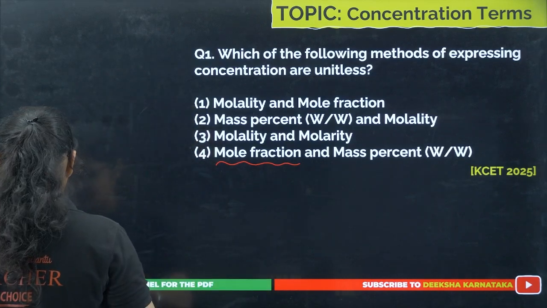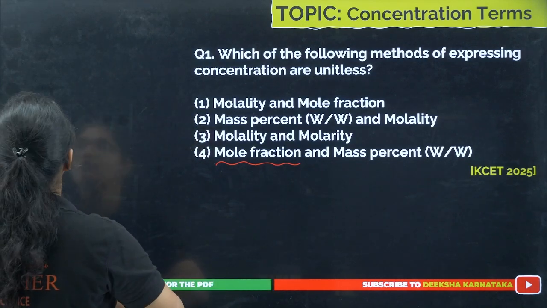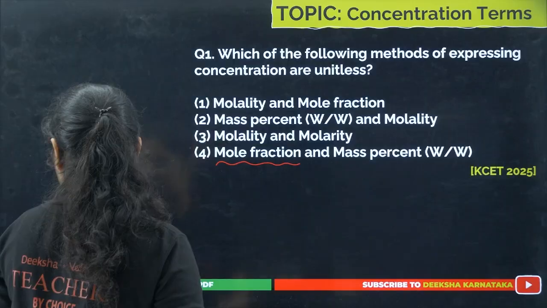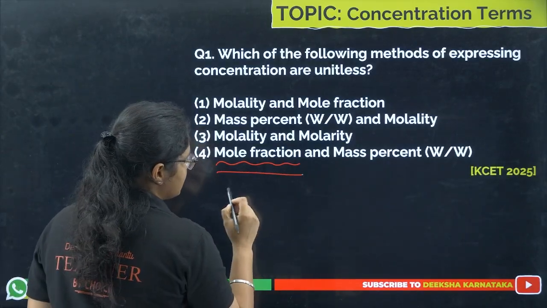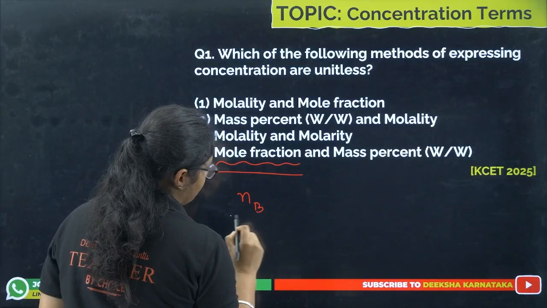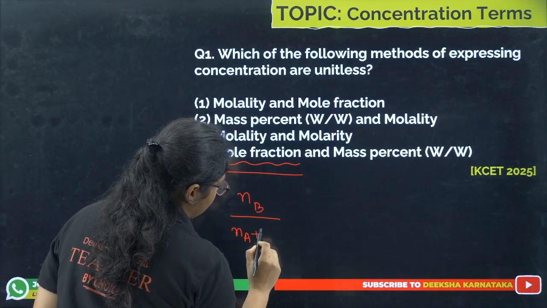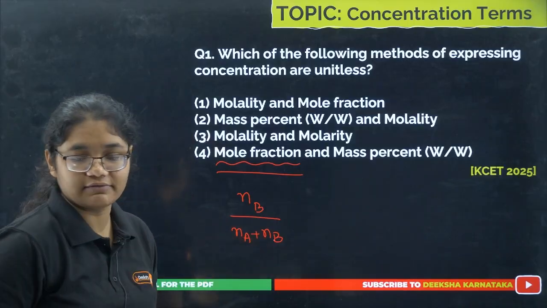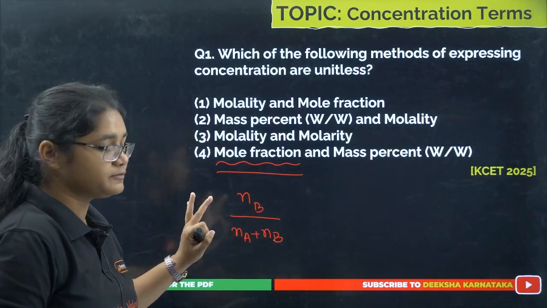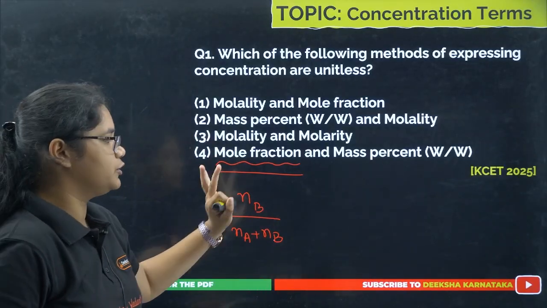The formula of mole fraction is NB by NA plus NB. The numerator also has number of moles, the denominator also has number of moles, so moles will get cancelled, and it will have no unit.